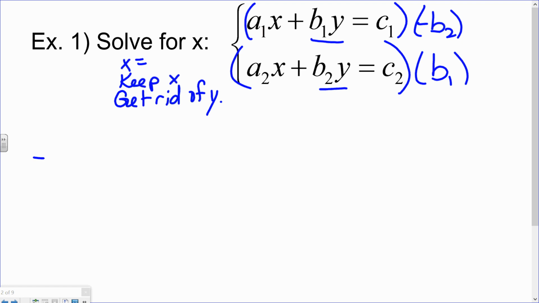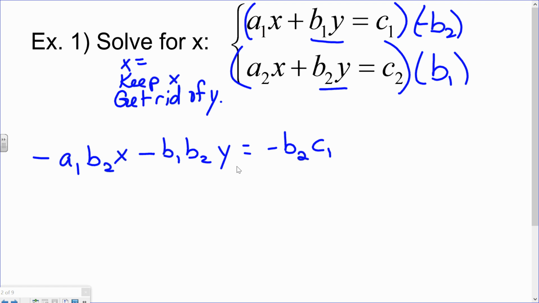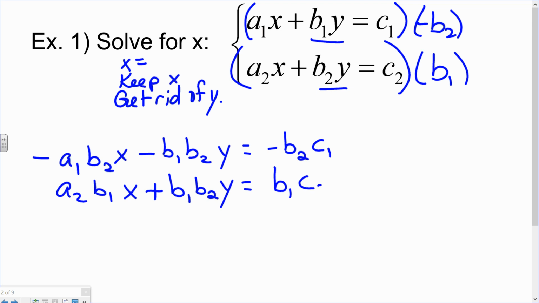So I get a minus a1 b2 times x, and a minus b1 b2 times y, and a minus b2 times c1. For the second one, I get an a2 b1 times x, and a plus b1 b2 times y, and a b1 times c2.